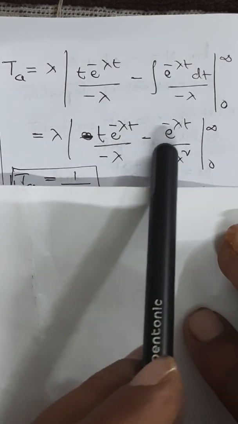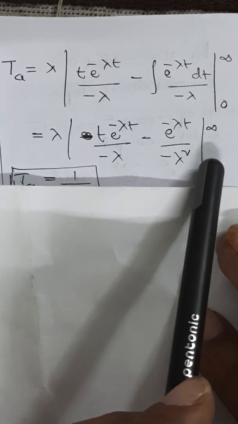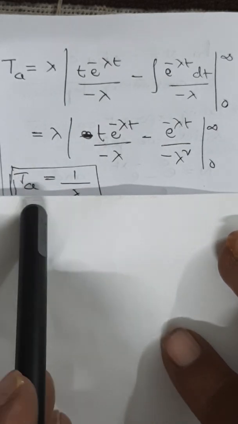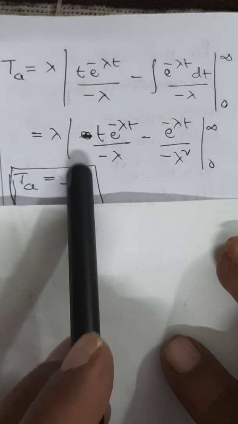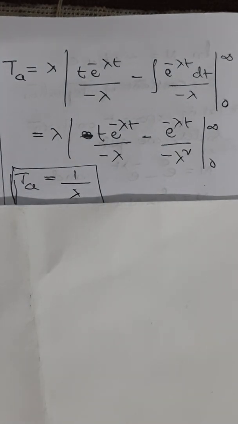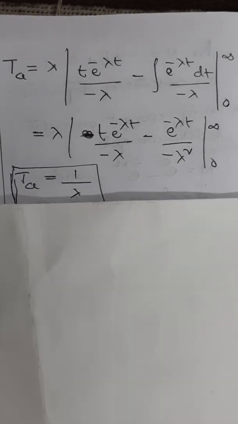So this becomes e power minus lambda t by minus lambda square between the limits. Simplifying within the limits, the mean life or average life is nothing but 1 by lambda. Ta is equal to 1 by lambda. This is the relation between lifetime Ta and the decay constant lambda. This is how we get the expression for the mean or average lifetime of a nucleus.